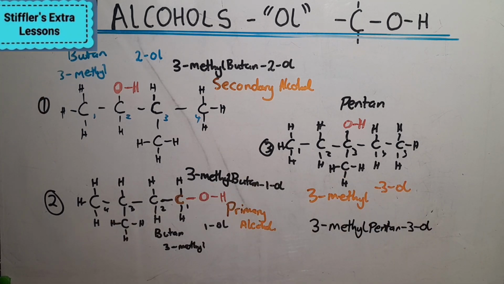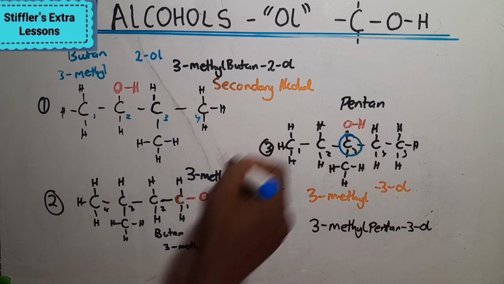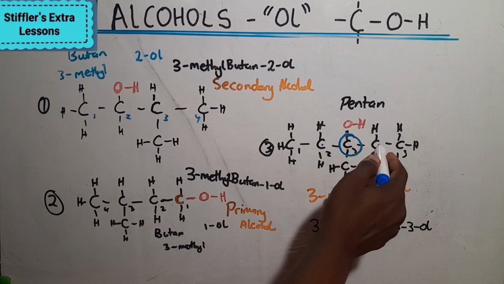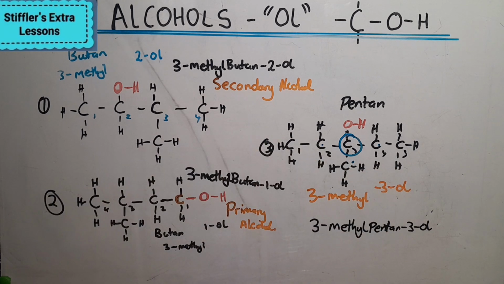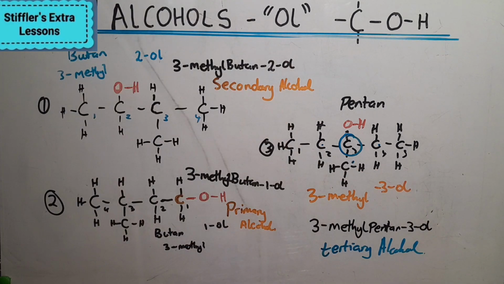To tell if it is primary, secondary, or tertiary, let's look at the carbon that is carrying the hydroxyl. This carbon is bonded to 1, 2, and 3 carbons. If that situation happens, we call that a tertiary alcohol. So that's a tertiary alcohol.